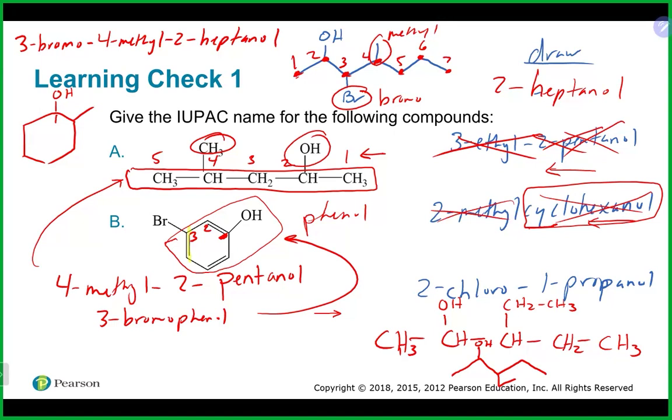Again, I drew more obviously a line structure there. We don't really need to put the hydrogens in on this particular one. Lastly, we have our friend propanol, which is based off of propane, which is 3 carbons. So maybe I'll fit it in here. 3 carbons. OL means it's an alcohol, and 1 means that the OH group is on carbon number 1.